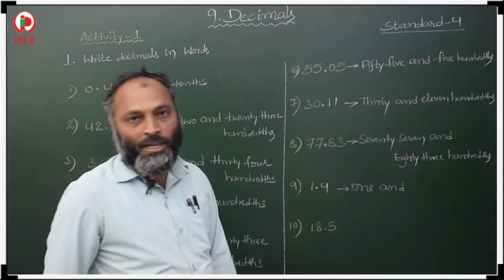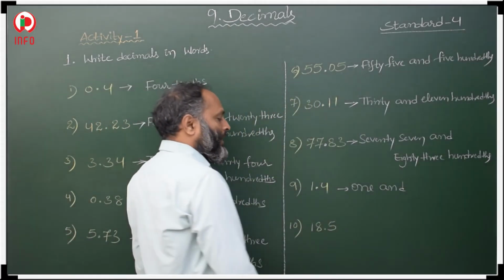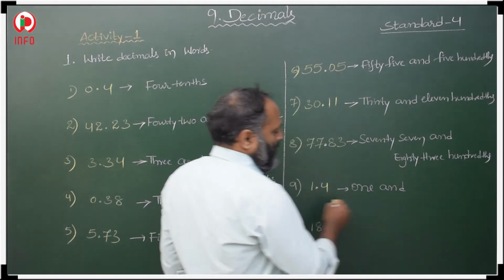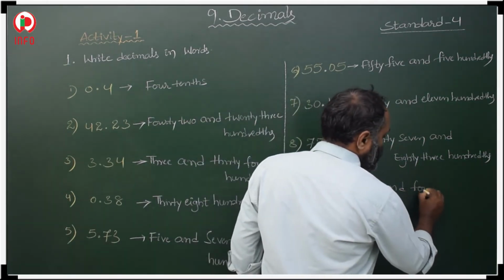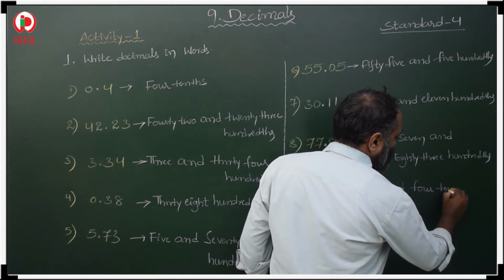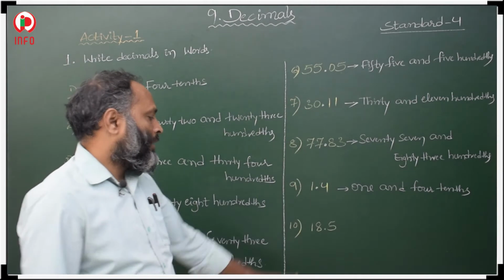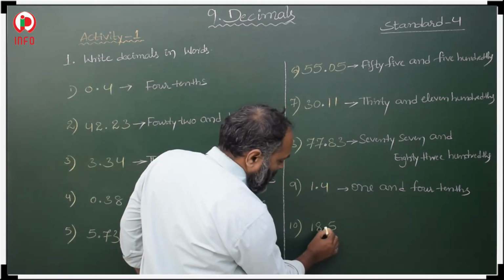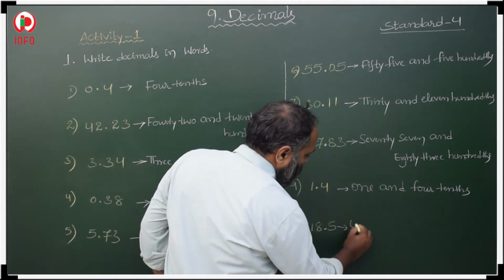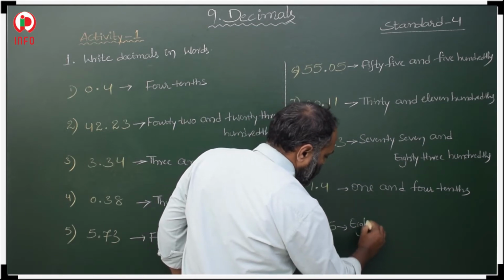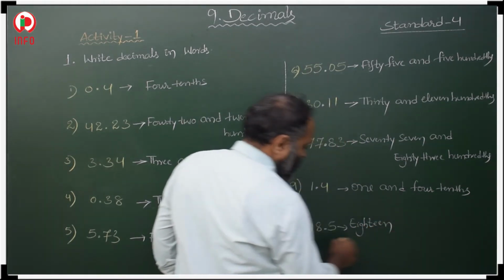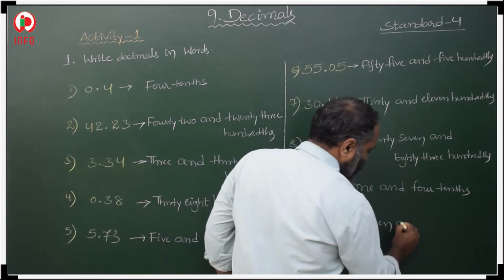Only one digit is there, 4. 4 is in the tenths place, that means 4 tenths. Okay. Now before the decimal, 18 is there. First we write 18, and after that the decimal means "and".